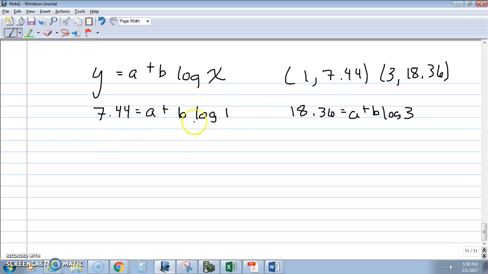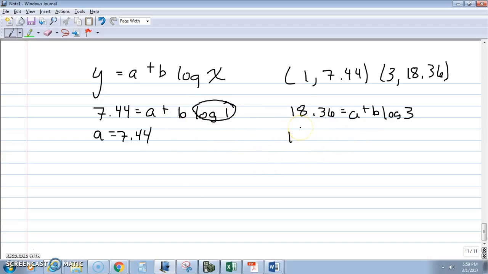The log of 1 is just 0 because it's base 10 to what power equals 1? That's 0, okay? So that makes b 0. Oh, so actually a is 7.44, right? And the log of 1 in any base is going to be 0, because that's one of our rules of exponents, right? Anything to the 0 power is 1. So that was a lot easier than I thought it was going to be.